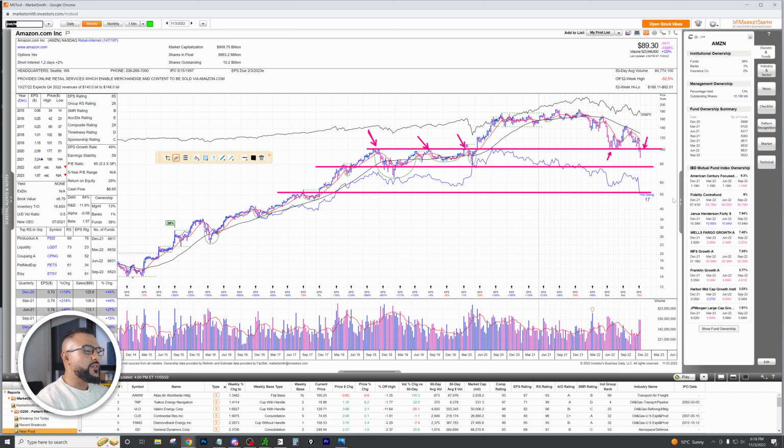Names have come down 50-60%. So make sure that you are not going in full size at the beginning, but ensure that you are dollar cost averaging. So your first position may be at around $80, and then if it pulls back lower, you can start adding close to maybe 60, 58, 55, and then you can get a nice average sitting at around the 60s if this thing decides to turn around.